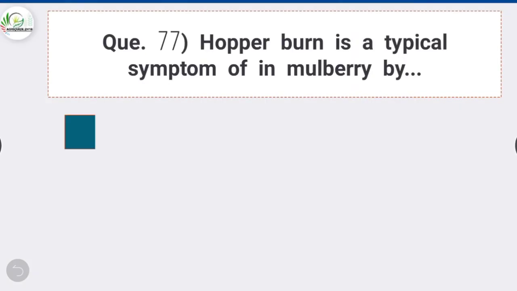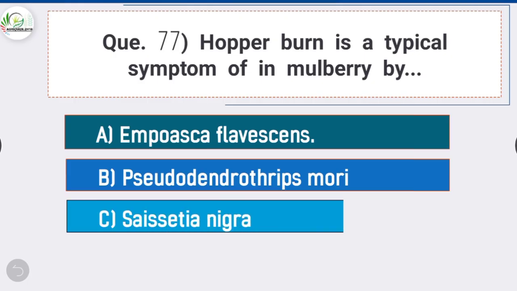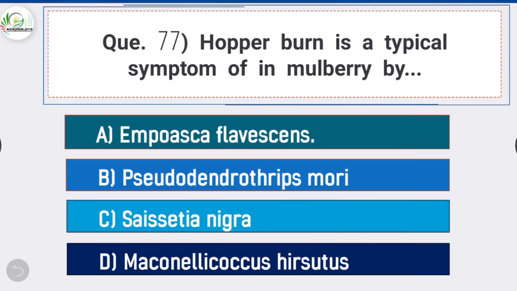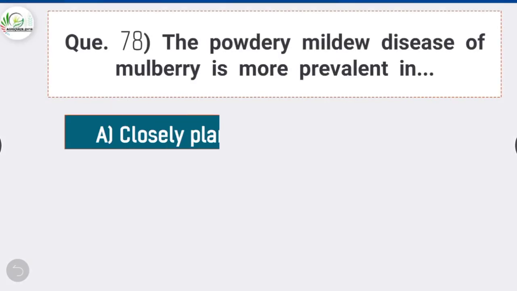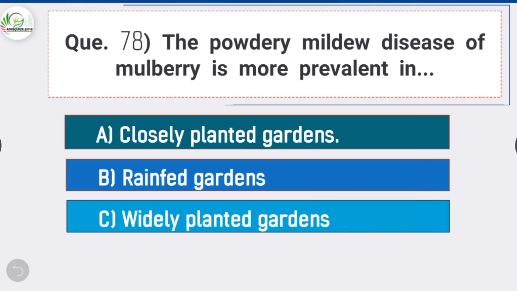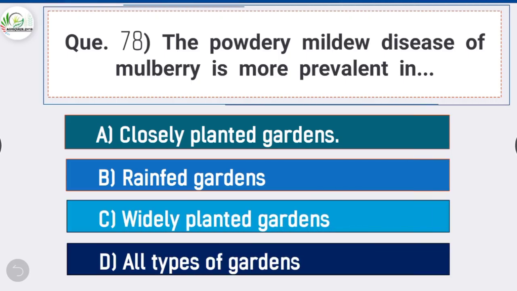Question number 77. Hopper burn is a typical symptom of in mulberry by, and the correct answer is option A, Empoasca flavescens. Green leaf hopper Empoasca flavescens produce hopper burn symptom in mulberry. Question number 78. The powdery mildew disease of mulberry is more prevalent in, and the correct answer is closely planted gardens.